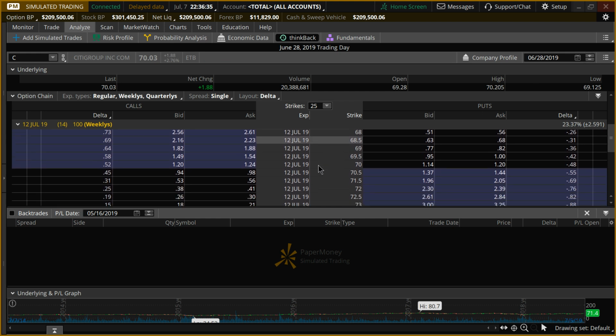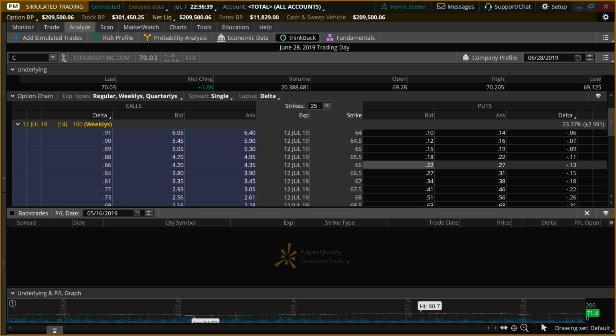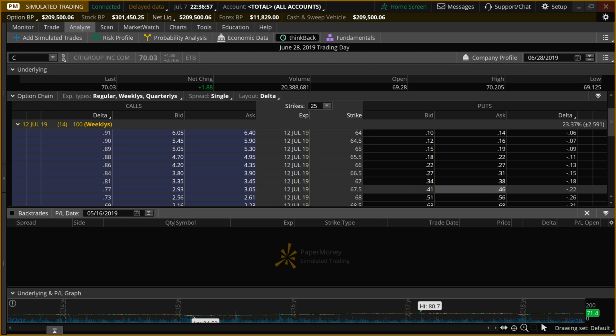The put side, that was the 66 and the 65. Notice how the 66 became 27 and the 65 became 15.